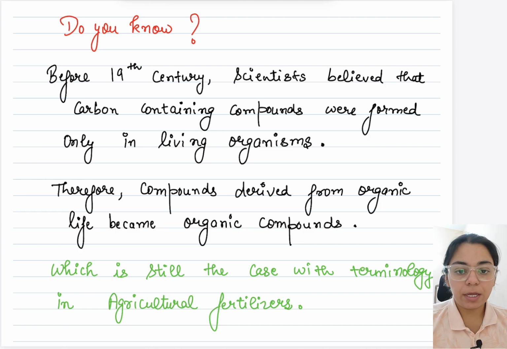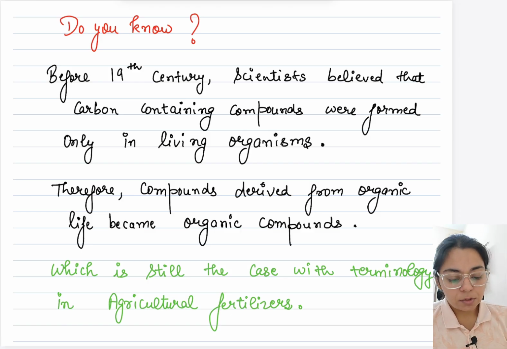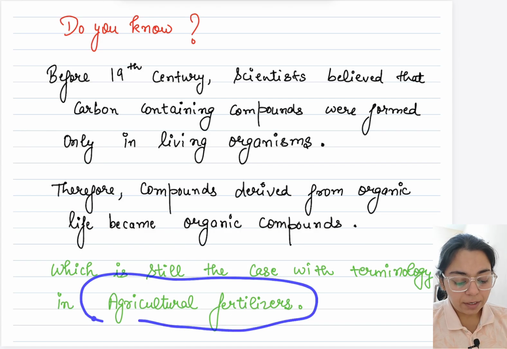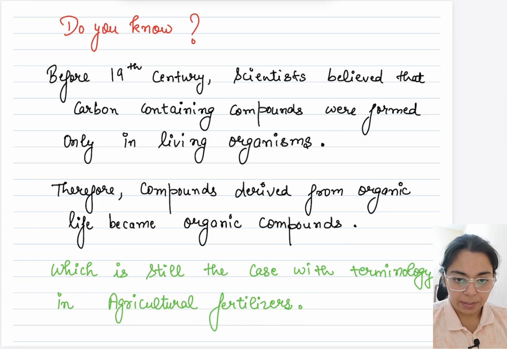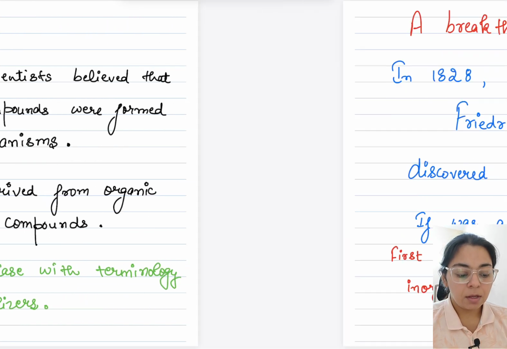And when we call inorganic fertilizer, what comes to your mind? Urea. Chemically being organic, we call it an inorganic fertilizer because it is being made in a chemical laboratory itself. Although in agriculture that's still the case, this point of view has evolved over time.